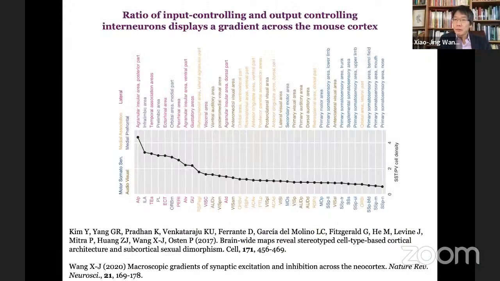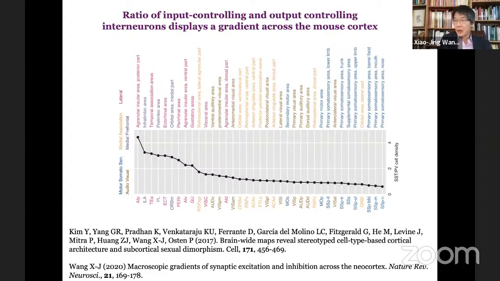Another very important finding, I think, when we move into the large-scale system, is the observation that the proportion of interneurons that are somatostatin positive versus PV positive, so input controlling versus output controlling, is different from area to area.